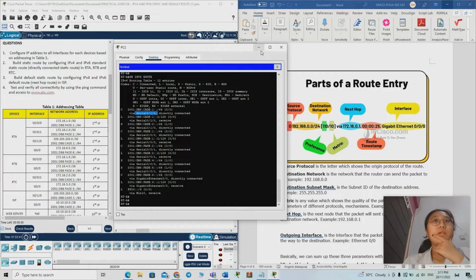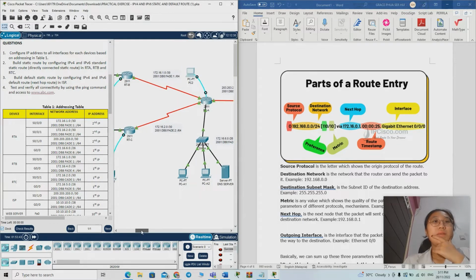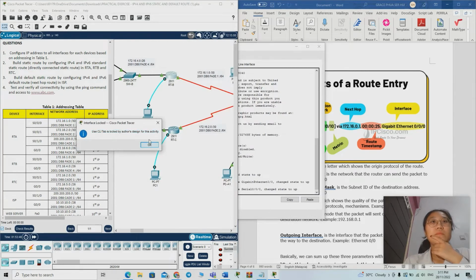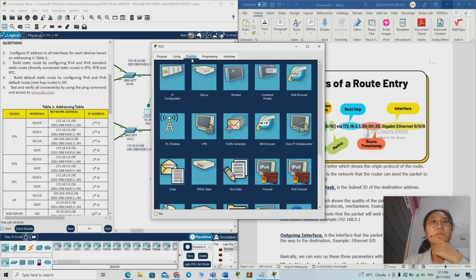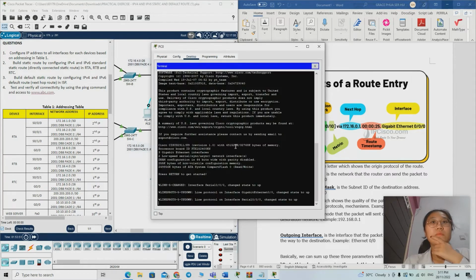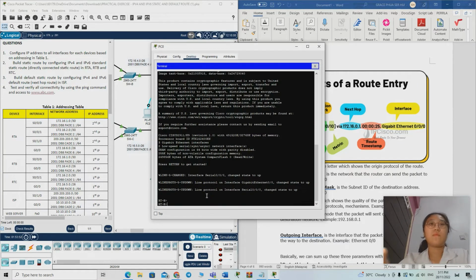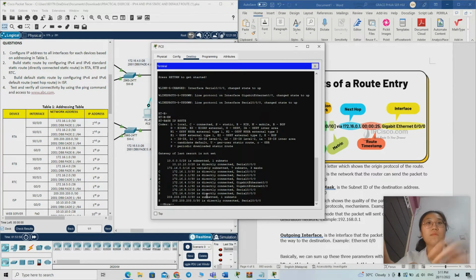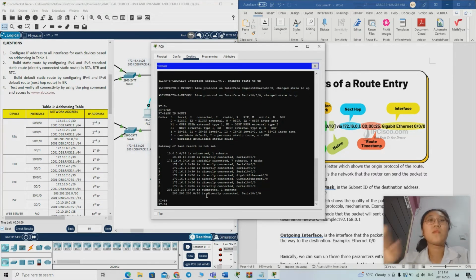And for RTB, I think it's still the same. So RTB is still the same.